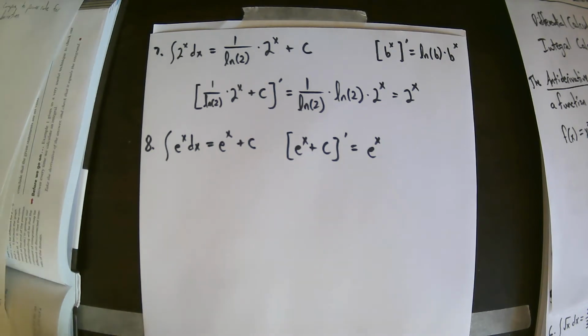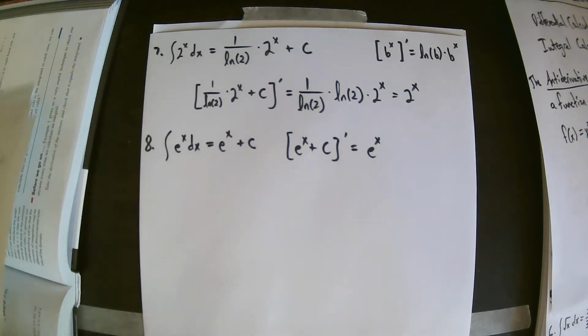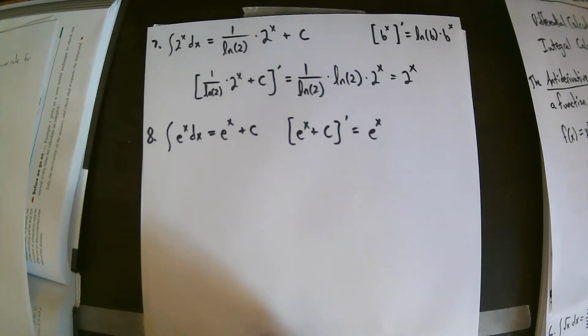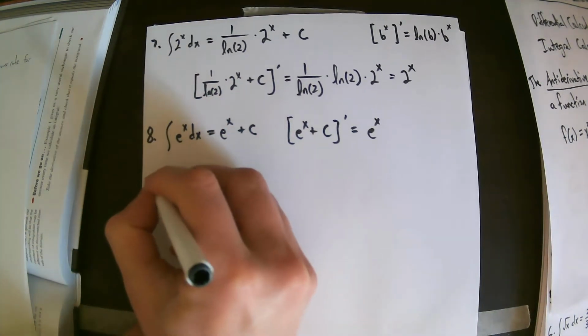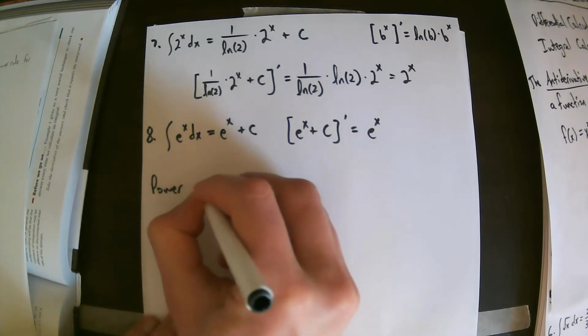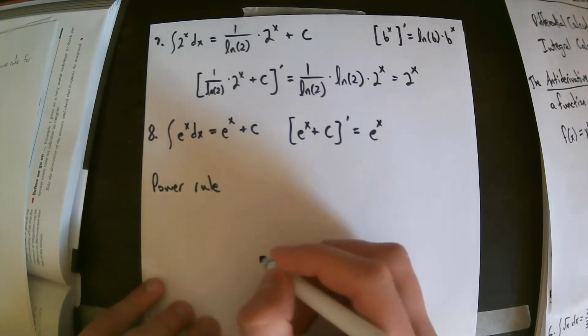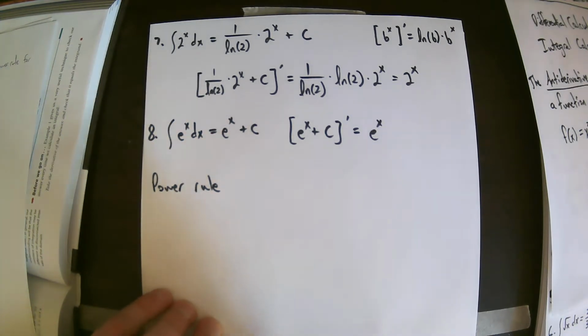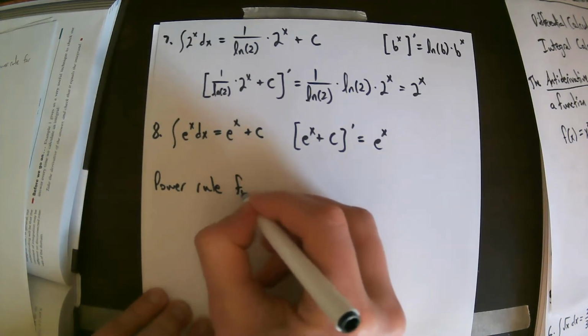Alright, now let's actually get a rule in place for taking indefinite integrals. The first rule we learned for differentiation was the power rule. And that's going to be the first rule we learn for integration as well.